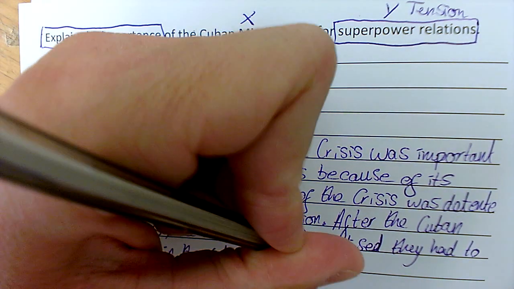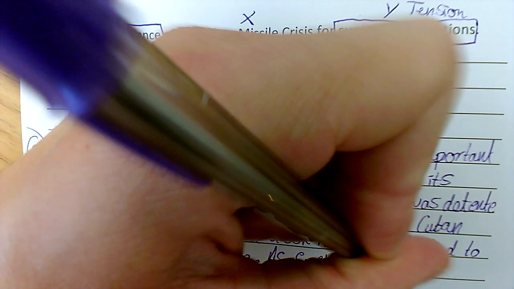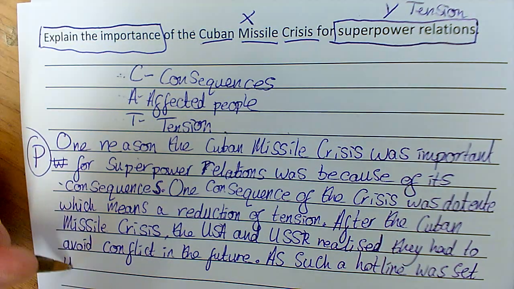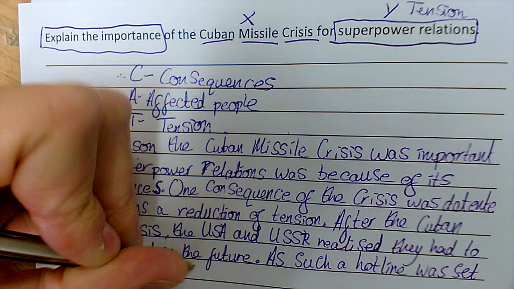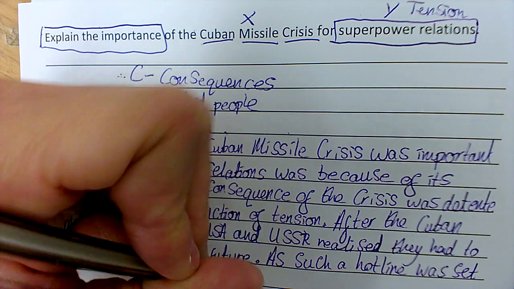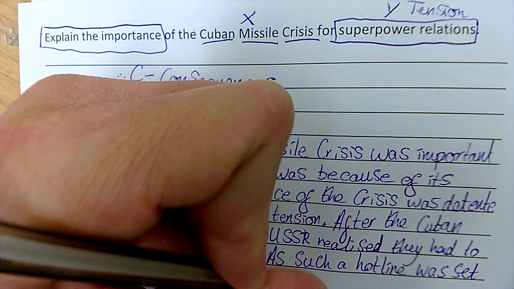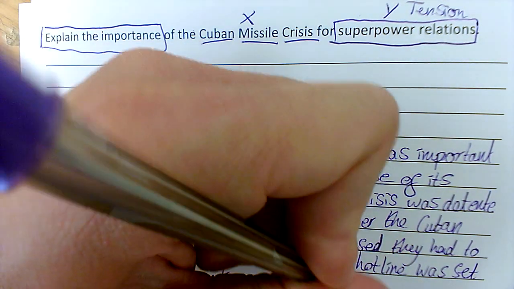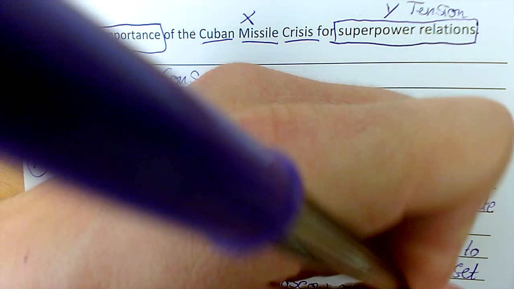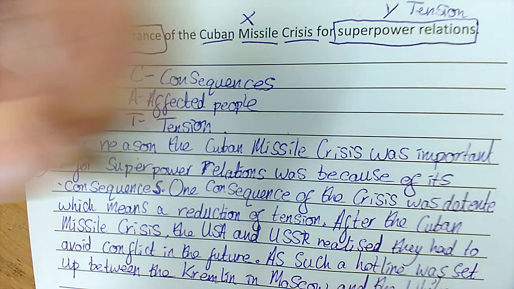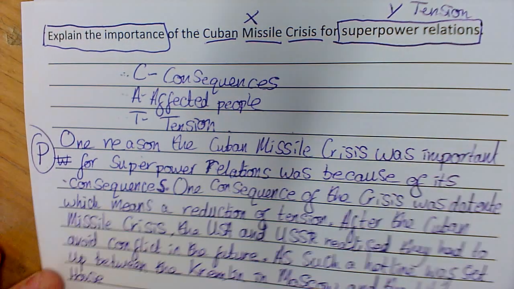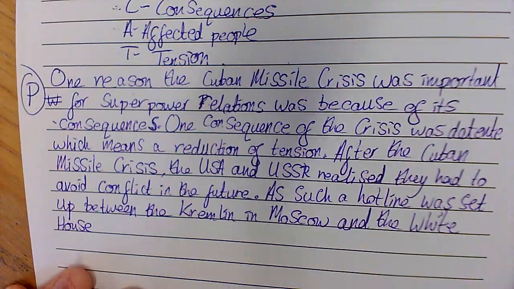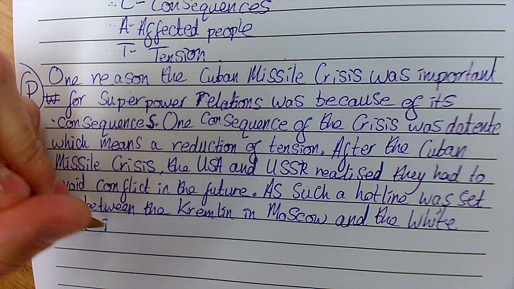As such, a hotline was set up between the Kremlin in Moscow and the White House in Washington.